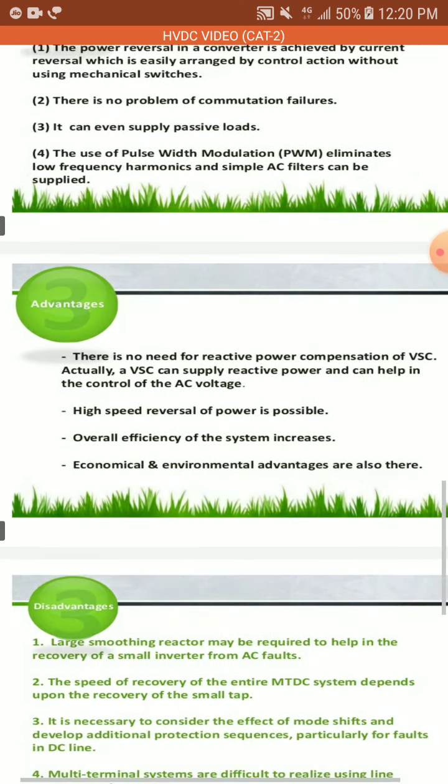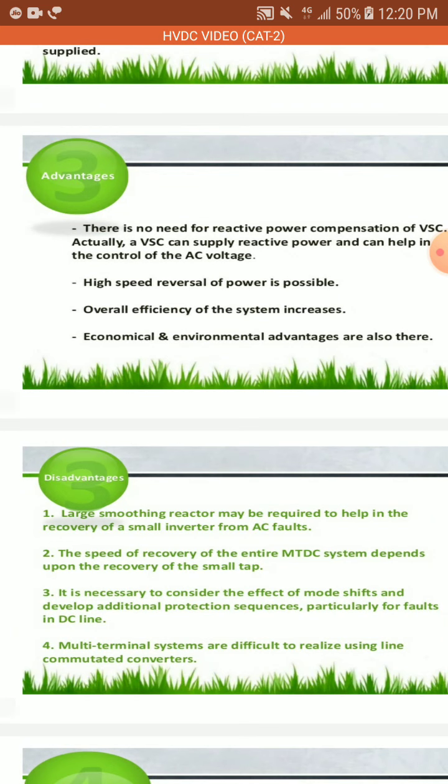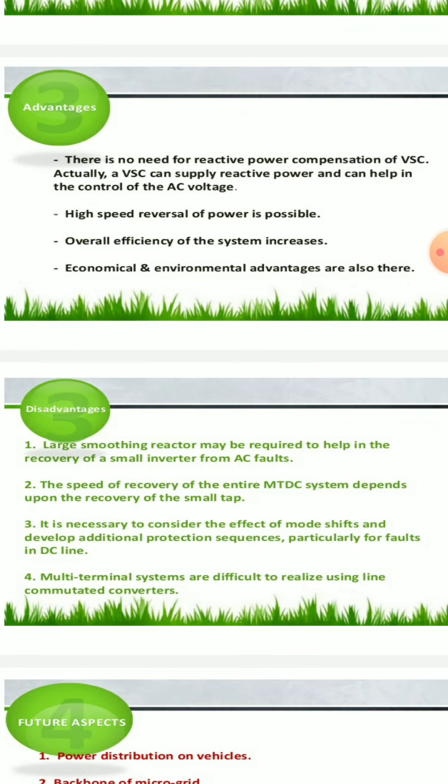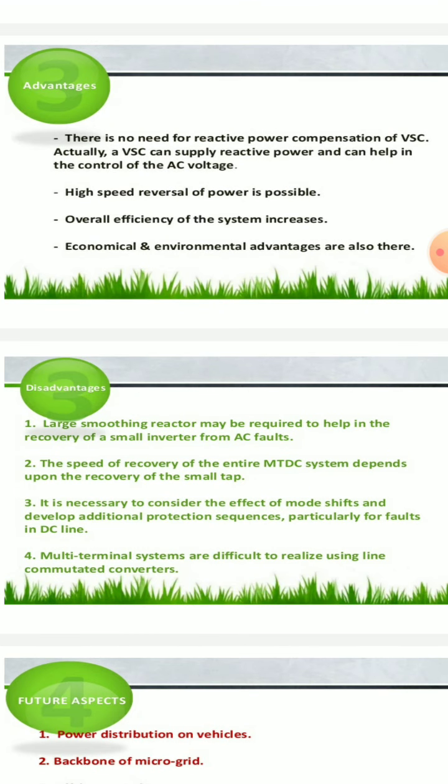Disadvantages are: the speed of recovery depends upon the recovery of the small tap, it is difficult to realize using line commutated converters, and a large smoothing reactor may be required to help in the recovery of the small inverter.